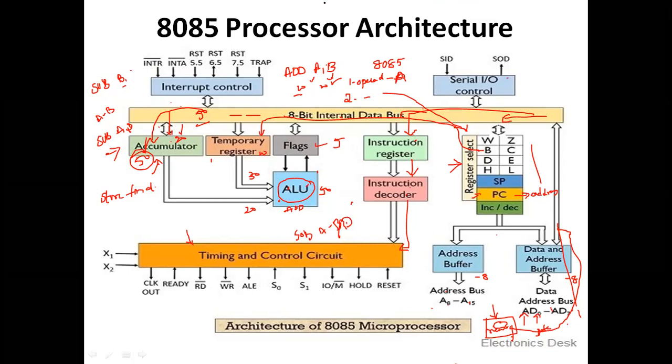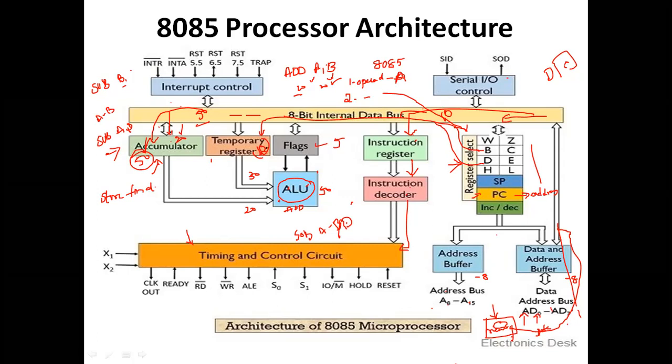So this register is having some 10, and it is going to place the 10 data. This data will be stored in the temporary register temporarily. This temporary register is only used by the microprocessor, not by the user.